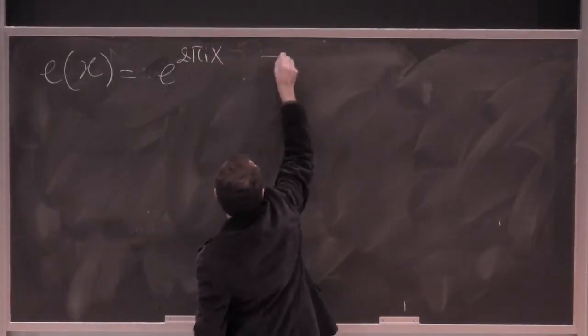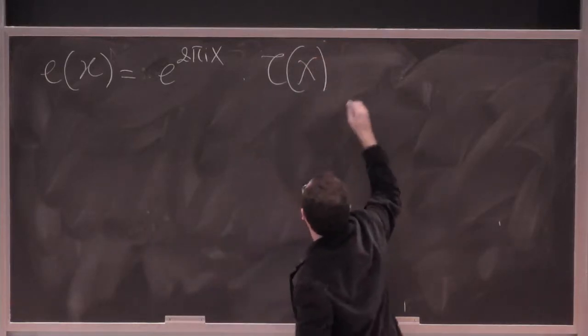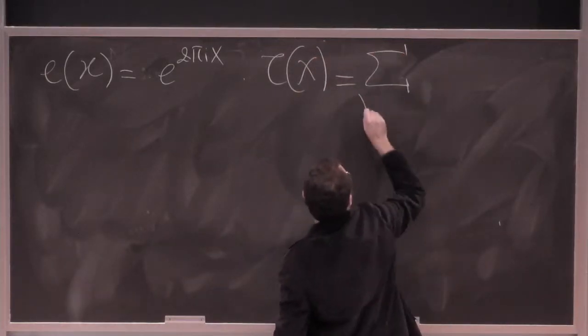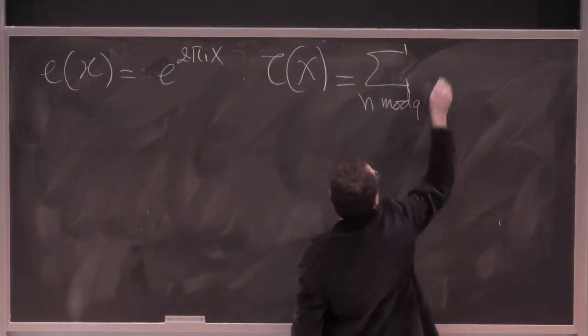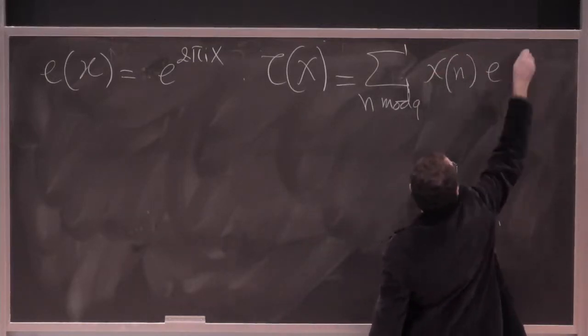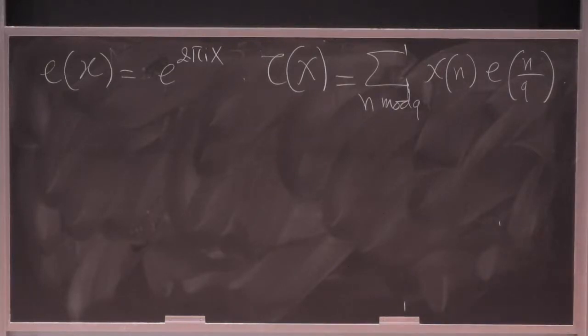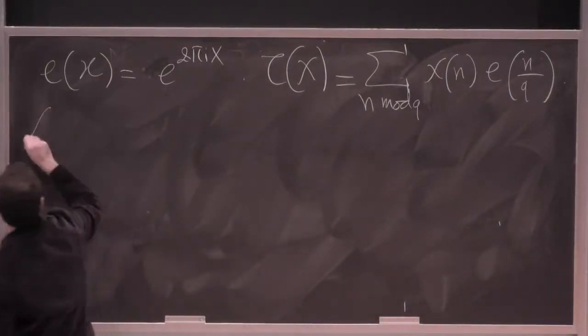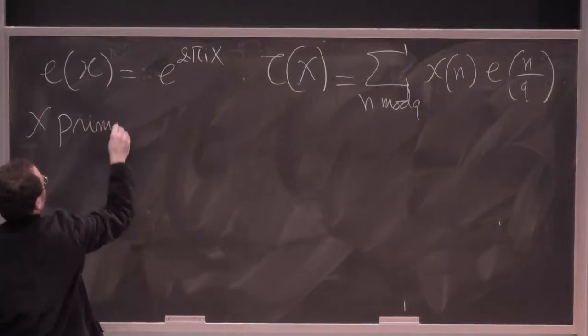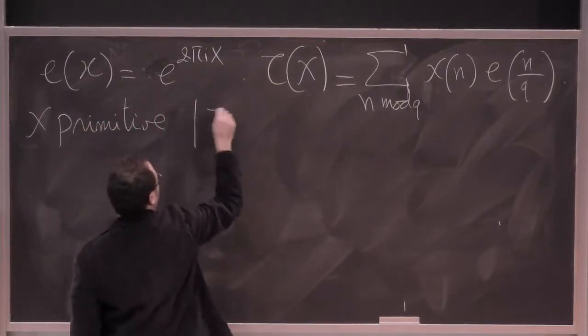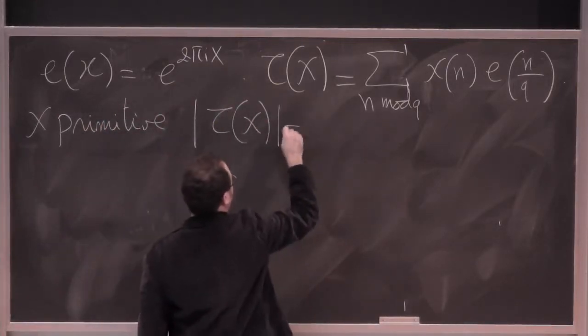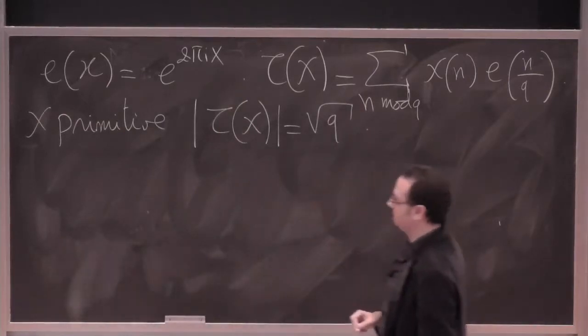Okay. And this here is the Gauss sum defined by the sum over n mod q of chi of n times e of n over q. And we know that if chi is primitive, then the Gauss sum has absolute value square root of q.